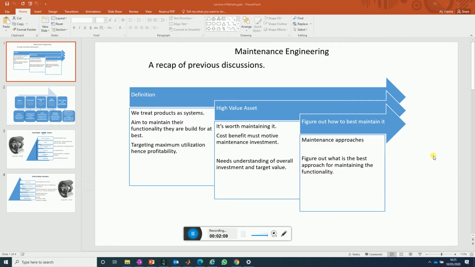And we only deal with them in a maintenance context when we have a clear cost benefit assumed. So there has to be a very strong narrative and business case for investing any sort of maintenance effort in maintaining the functionality of a given system, right?